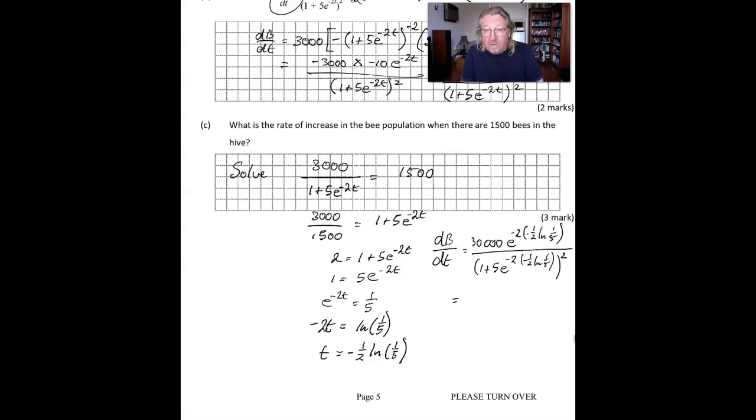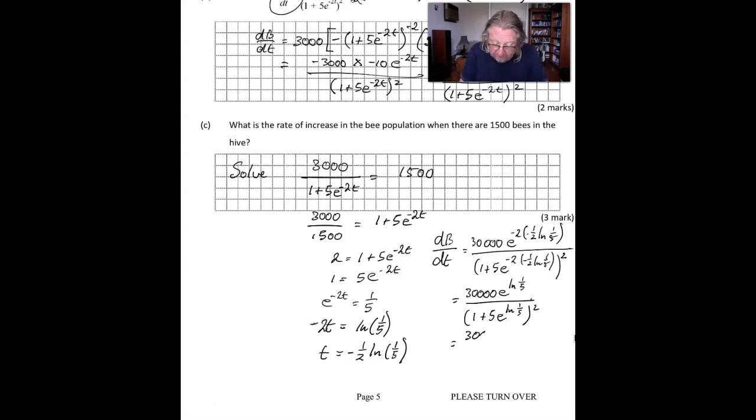Now this simplifies quite nicely. Minus 2 times minus a half is 1. So it's 30,000 times e to the log 1/5 all over, same thing happens down here, (1 plus 5e to the log 1/5) squared. Now e to the log of 1/5 is just 1/5.